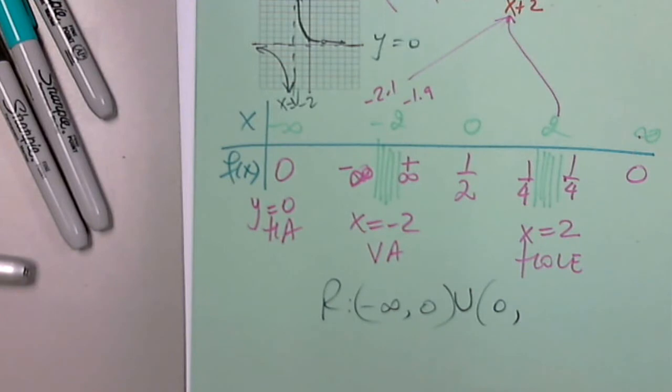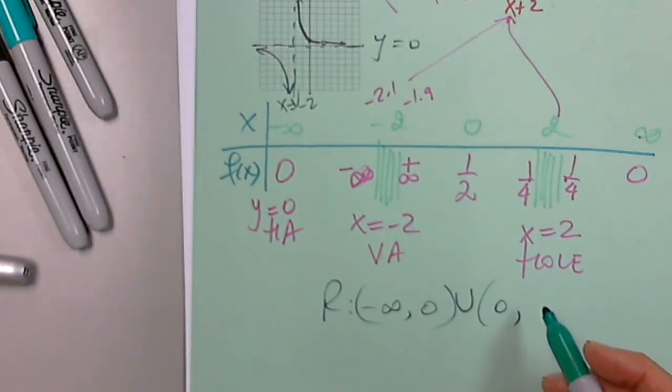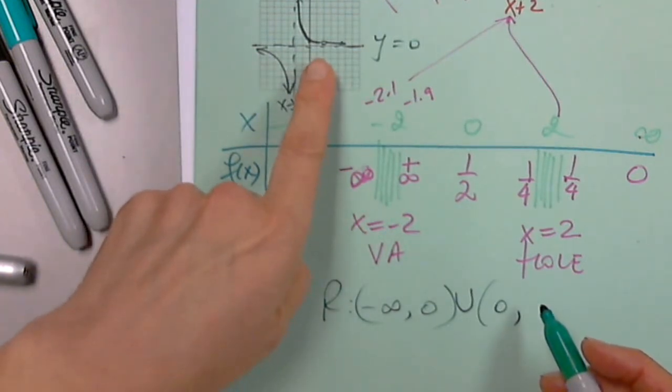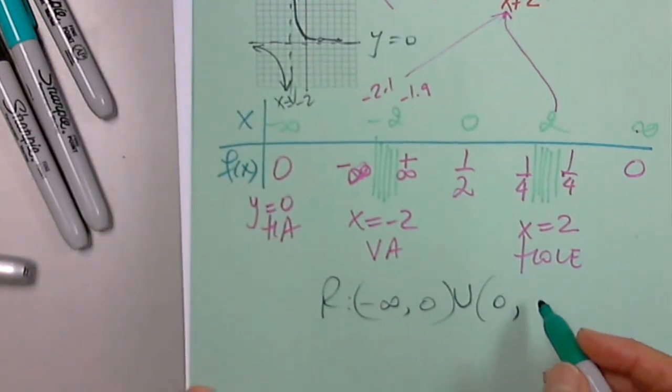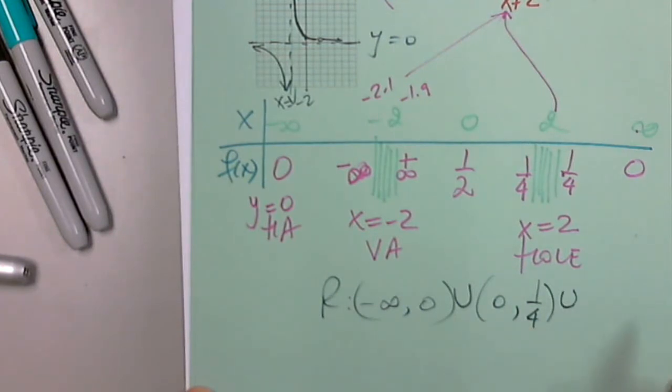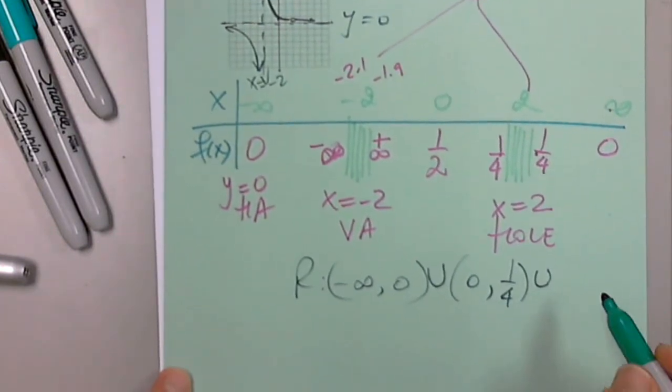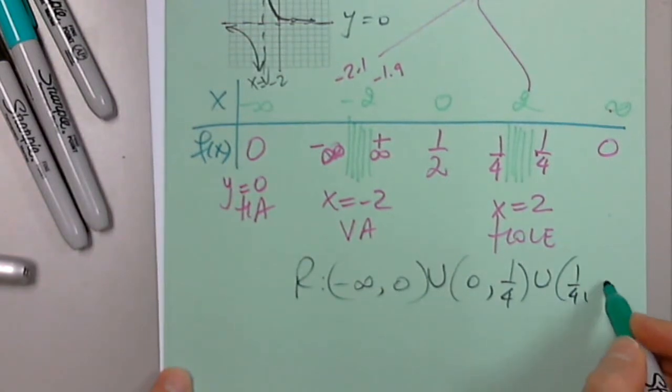Be very careful now. This goes both to -2. There is a hole in the graph. From 0 to 1/4. Union. Awesome. Thank you, Natalie. 1/4. Exactly.